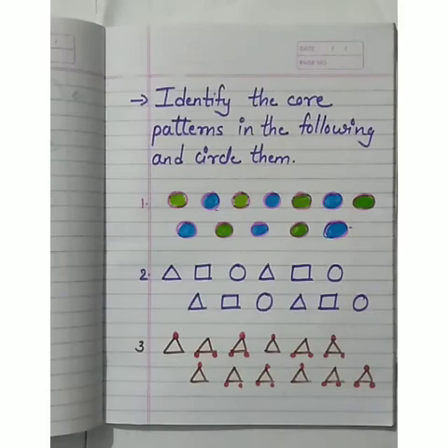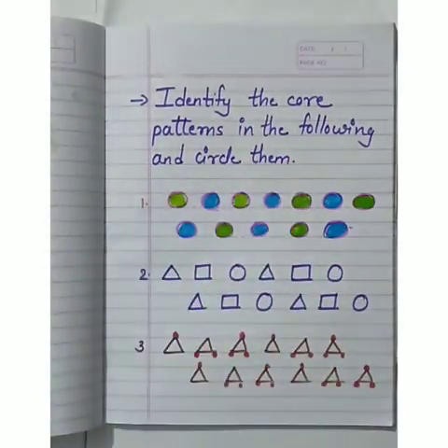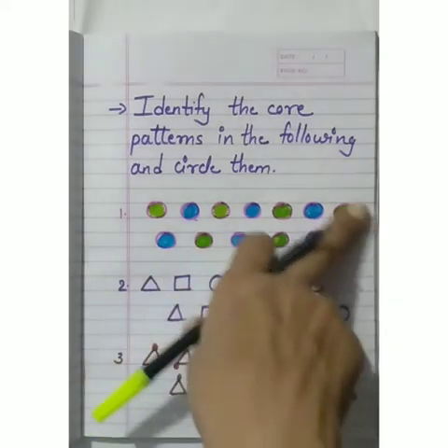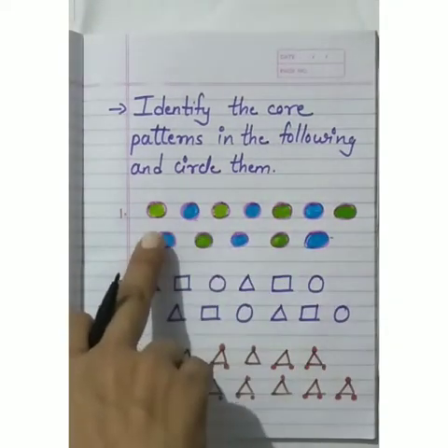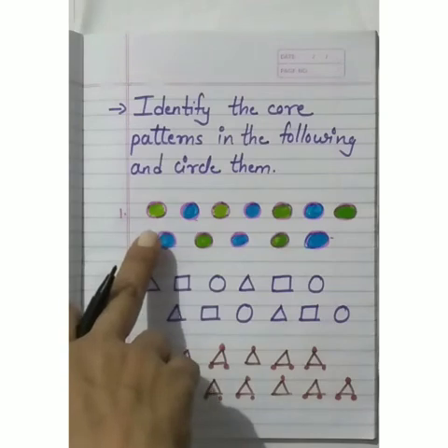Let us do one exercise. Identify the core patterns in the following and circle them. So here we have to find out what is the core pattern or what is the sequence that is followed. Now here circles are drawn and each circle is colored. Now let us see what is the sequence that is followed in color.